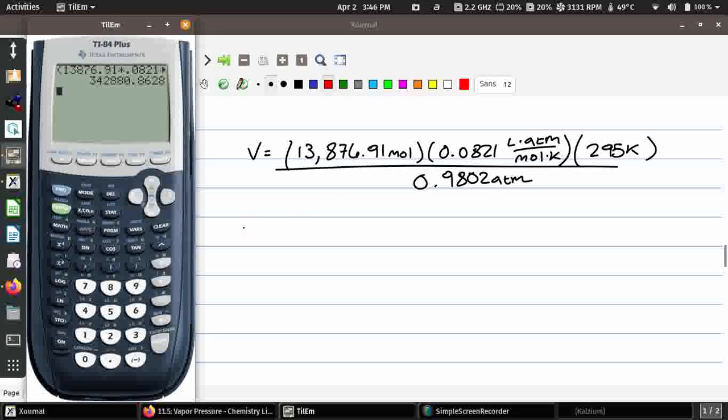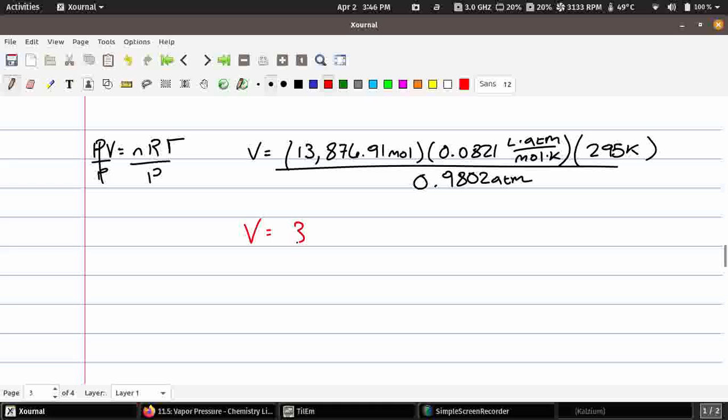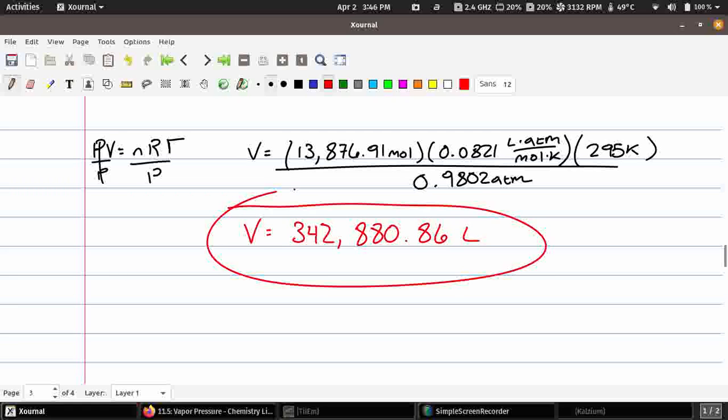So the volume in liters is 342,880.86 liters. And that would be your final answer for that, which on a regular scale seems excessive. But industrially, that's how it's normally done, is you have huge amounts of this gas being made at any given time.